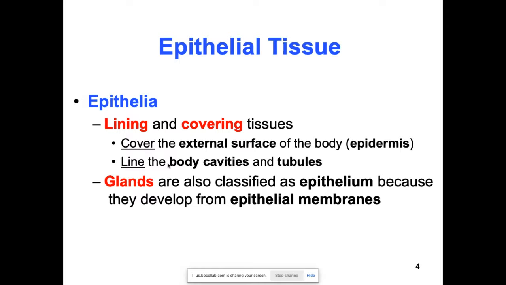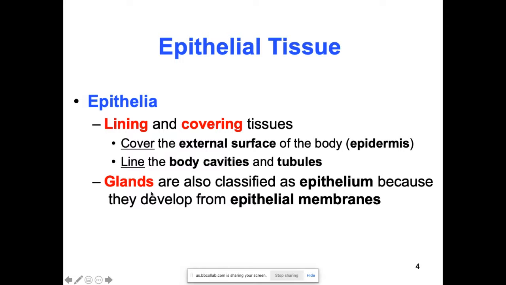When we think about the reproductive tract, anything that's a tract is a tube. The digestive tract, the respiratory tract, the reproductive tract, any tract is tubes. So any type of cavity or tubular system is going to be filled with epithelium tissue.